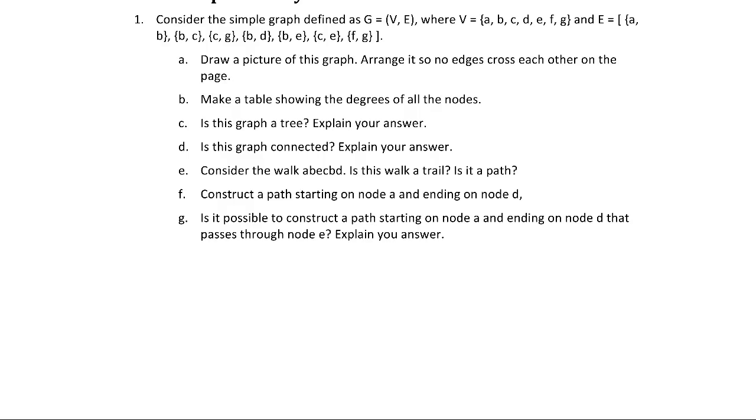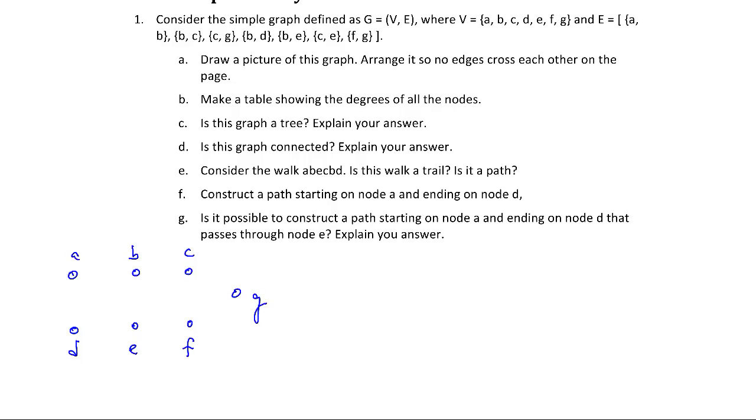I think I designed this problem so that if I make the vertices A, B, C, D, E, F like this, and then put G over here, it makes a nice picture.